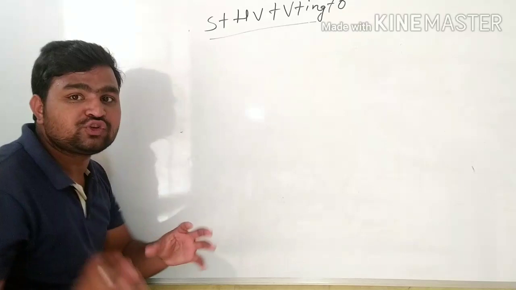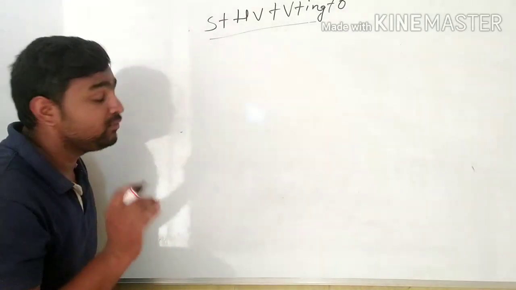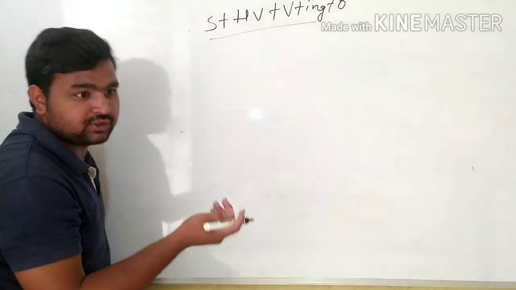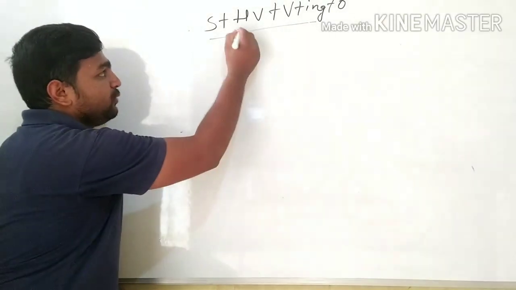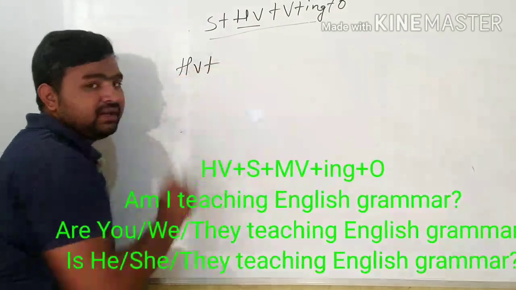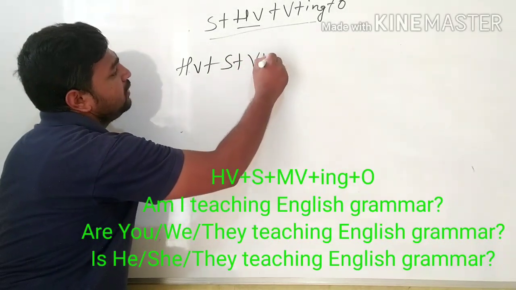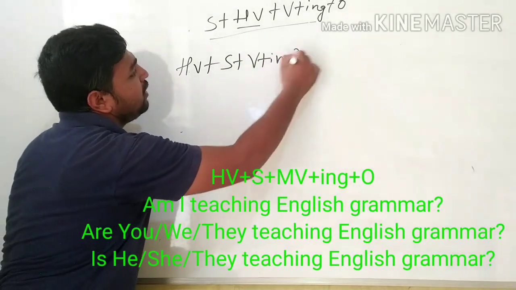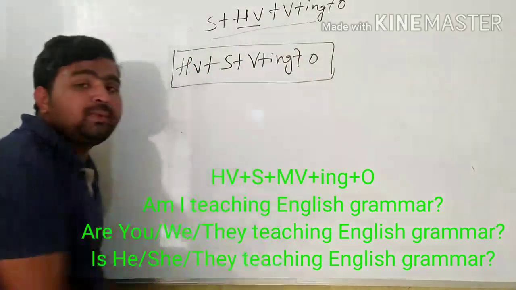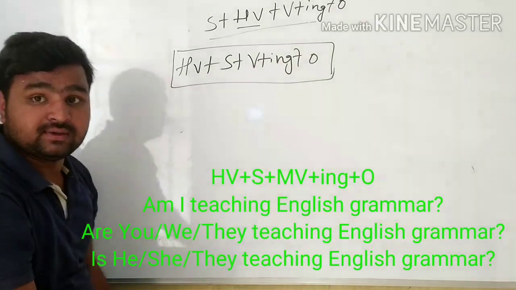Interrogative sentence means it's a questioning sense. It asks questions, right? To make a question, we have to bring the helping verb at the beginning, then subject, then main verb with ing, then object. This is the structure of an interrogative sentence in present continuous tense, right?